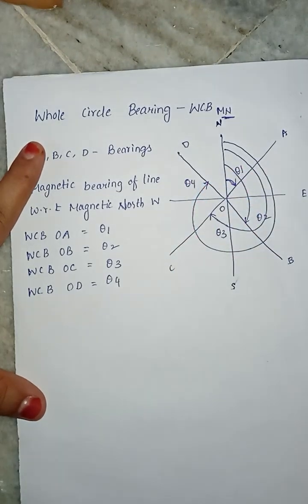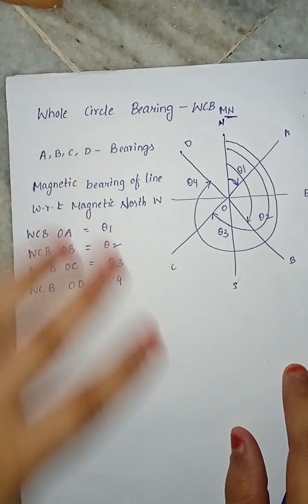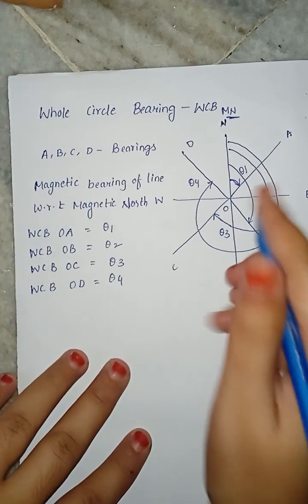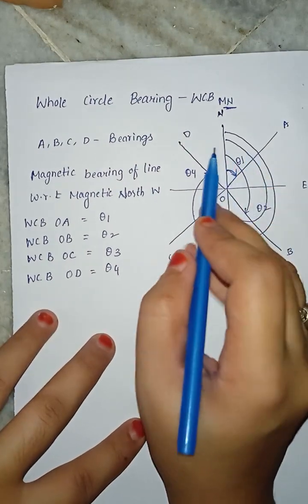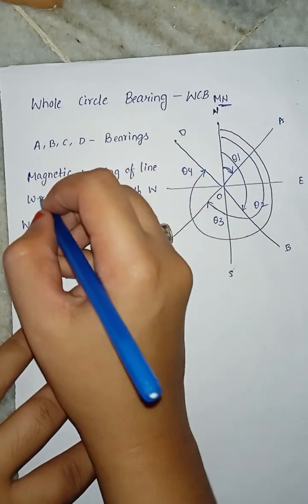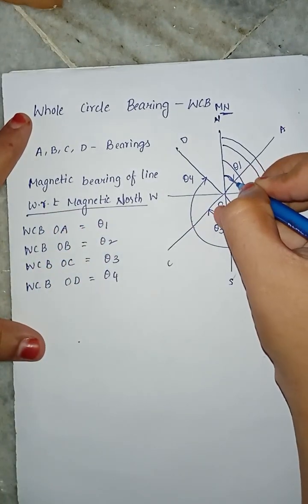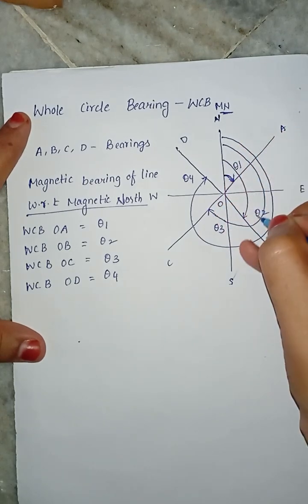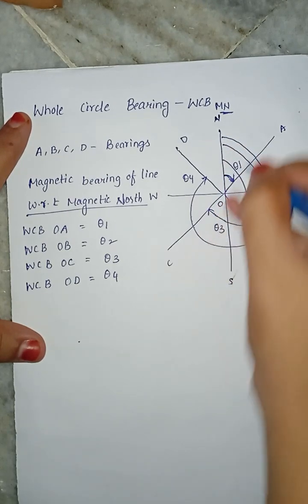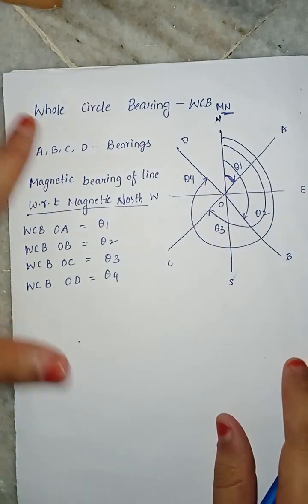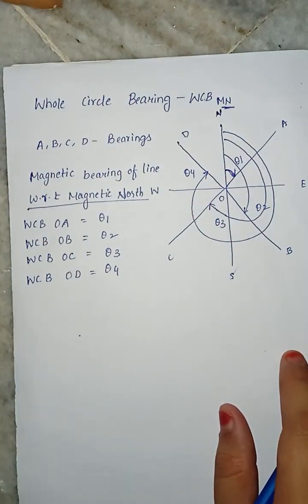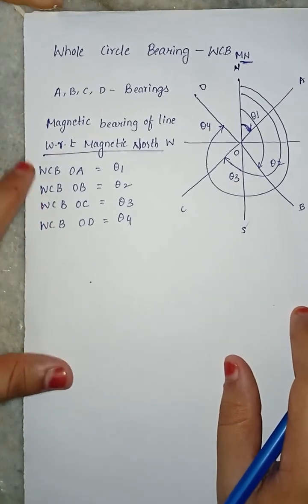This is the whole circle bearing of line OD. Okay, hope you understand. In case of the whole circle bearing, we have to take only with respect to magnetic north. With respect to magnetic north, this is theta 1, this is theta 2, this is theta 3, and this is theta 4. By using this we can calculate the angles. This is about the whole circle bearing.